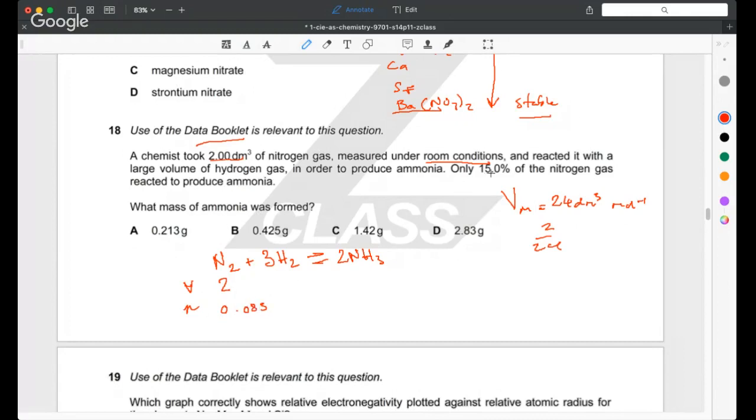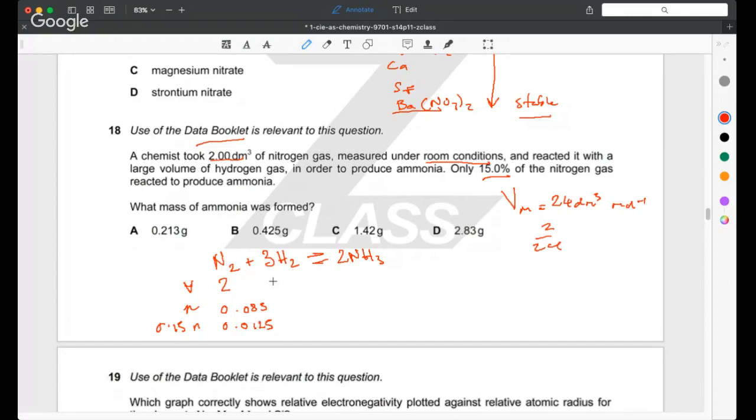But it tells you that even though you've got that number of moles, only 15% of those moles actually reacted. So you've got to work out 15% of that number of moles. You've got 0.15 times that number of moles, and that gives you an answer of 0.0125 moles of nitrogen that have reacted.